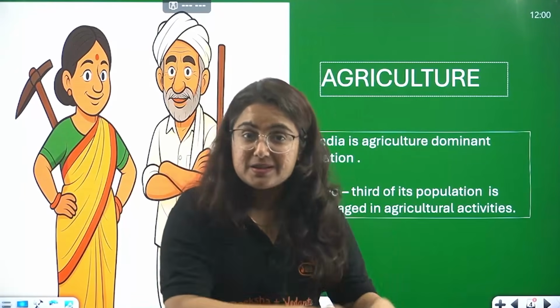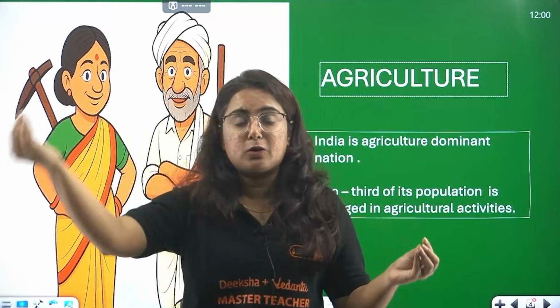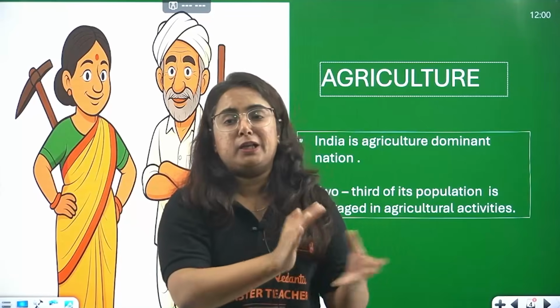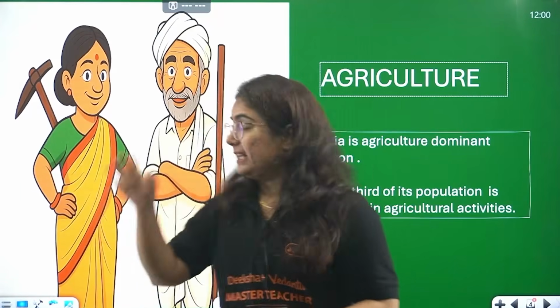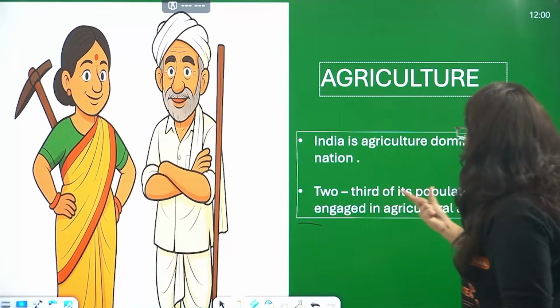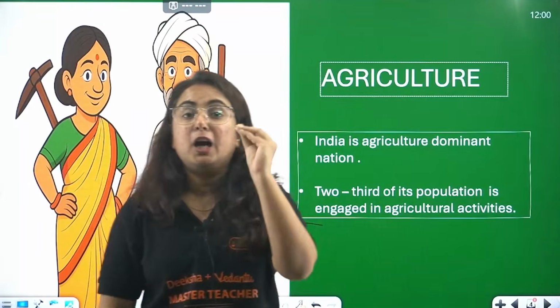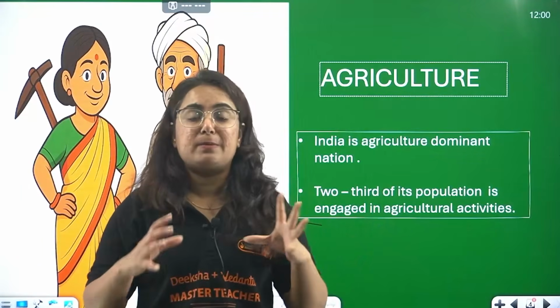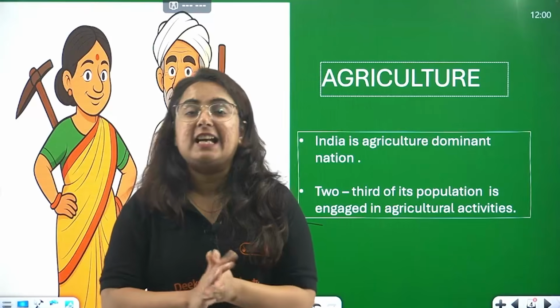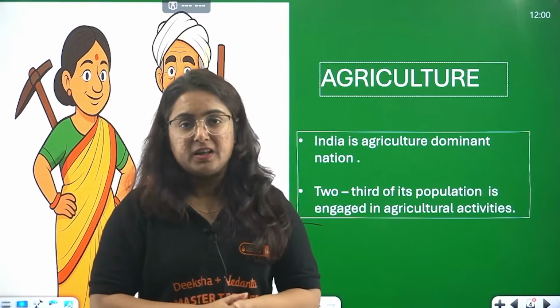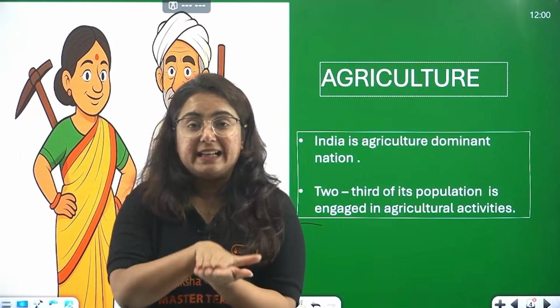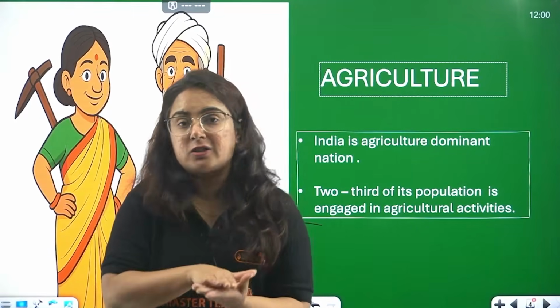Right? Their capacity to buy any product is totally dependent upon agriculture only, and it is said that 2/3 of its population is engaged in agriculture activities. 2/3 of its population is dependent upon what, beta? Agriculture activities.